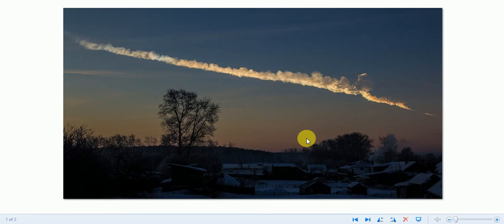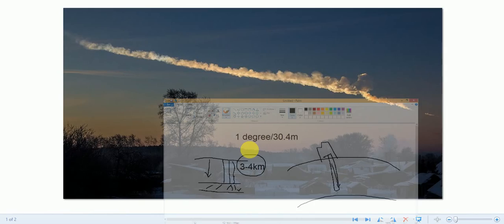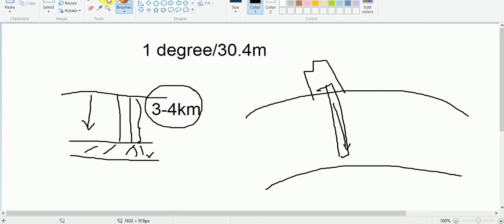Actually, meteors are derived from objects, actually lumps of rocks called meteoroids.